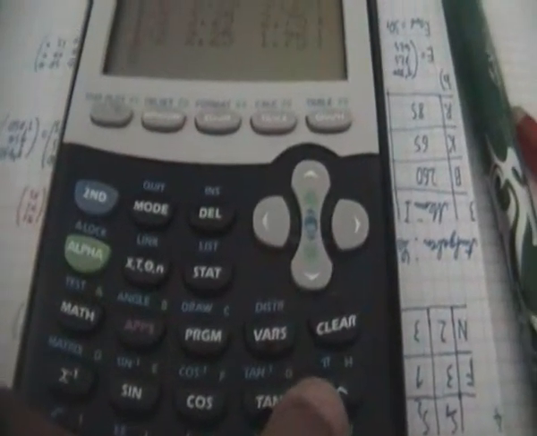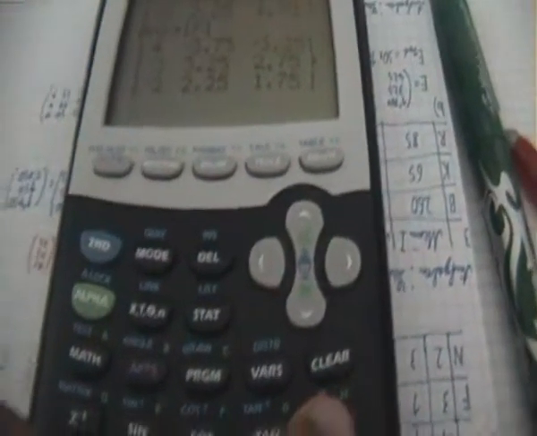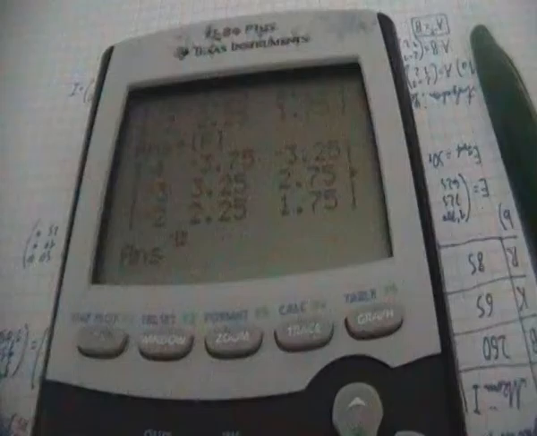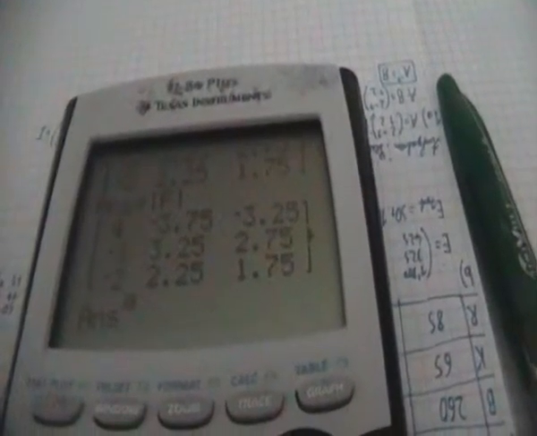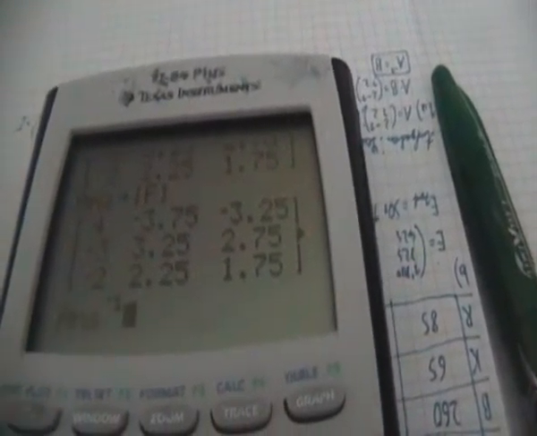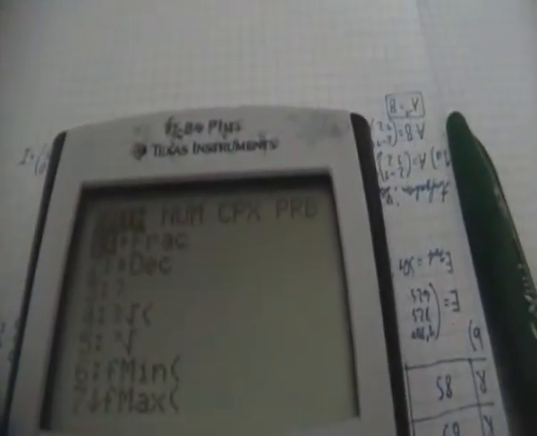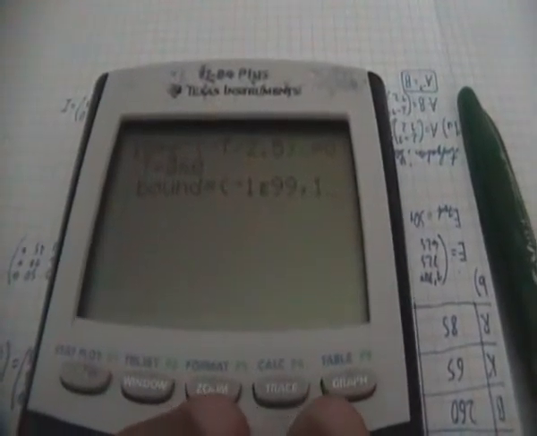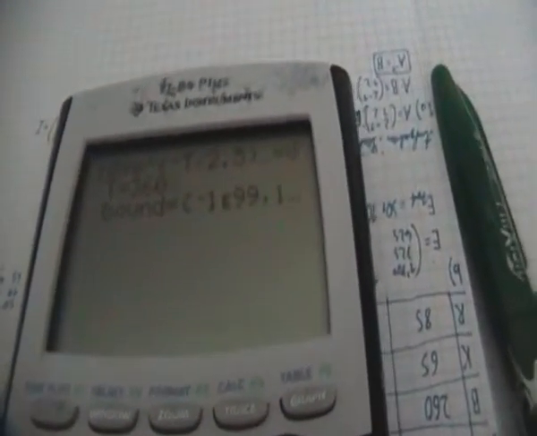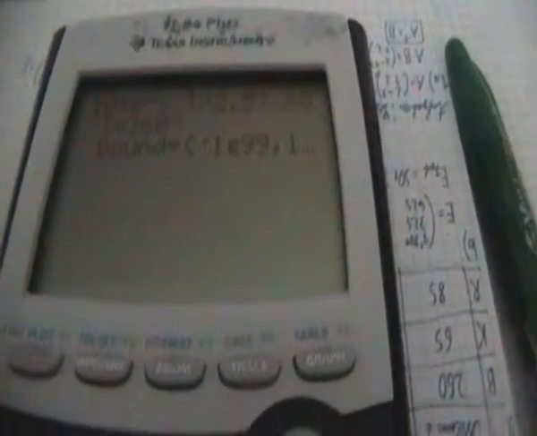And to show you why there is a difference between this or this, I will show you the solver. So in Math, Alpha B, you should write this here.